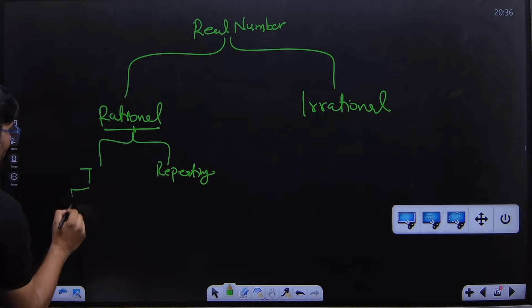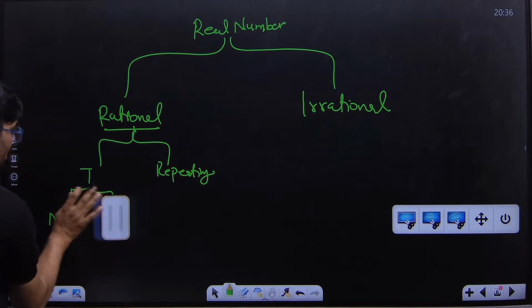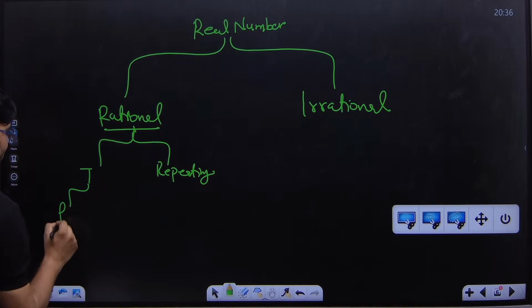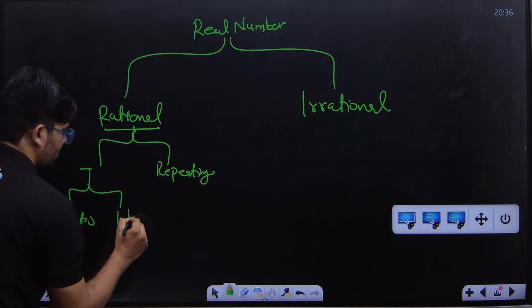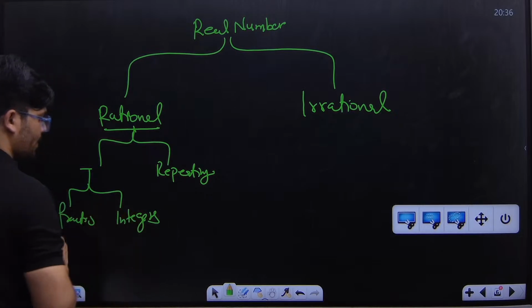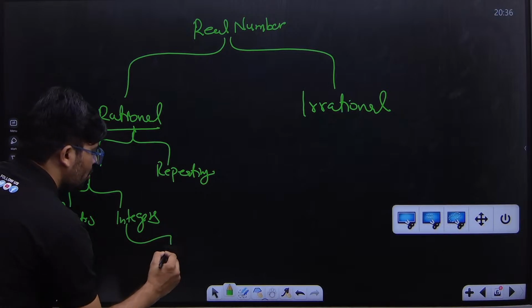In terminating, you have fractions and you have integers. Understood? Yes, sir. In integers, you have whole numbers.